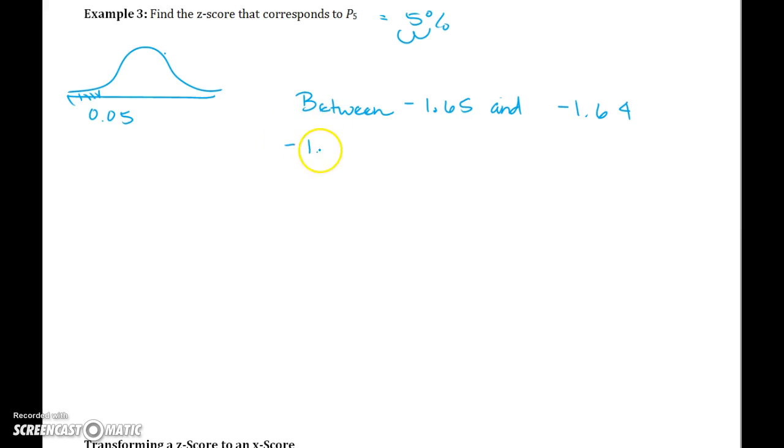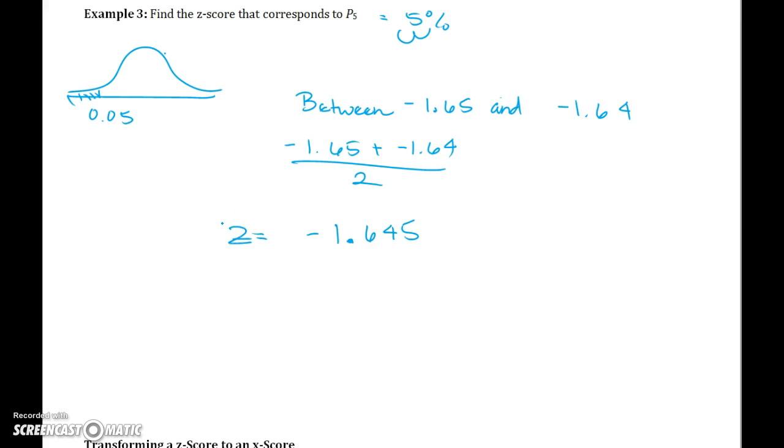I'm going to add them together and divide by 2 because there's 2 numbers that it's between. Then you'll use your handy dandy calculator and you'll get negative 1.645, which, if you're thinking about it, that's right in between those. So that would be the z-score for that one.